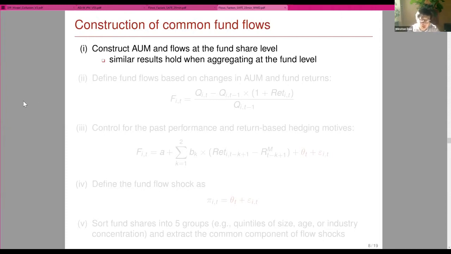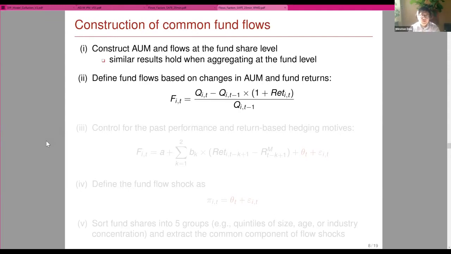First, we construct AUM and the flows at the fund share level. In the paper, you'll see as robustness that all the results go through if we aggregate this fund share level information to the fund level and conduct all the analysis at the fund level. But in this talk, I will just show you the fund share level results.